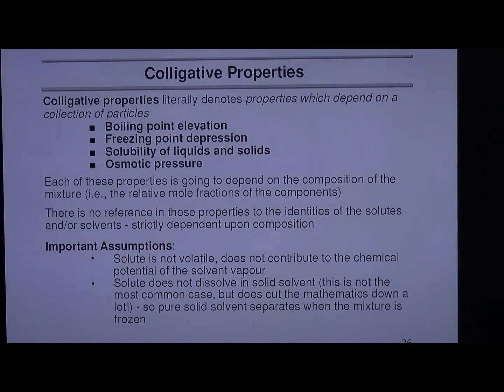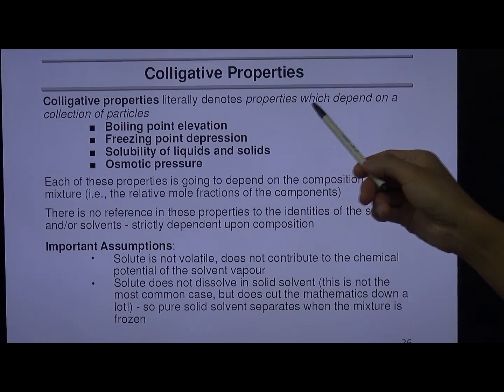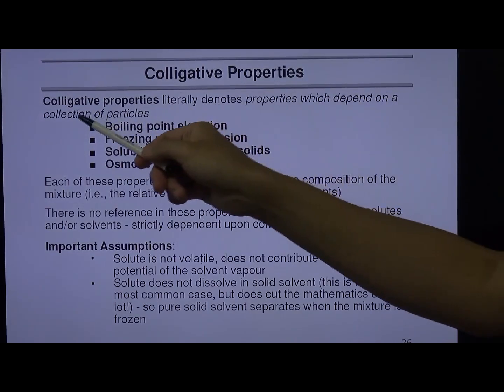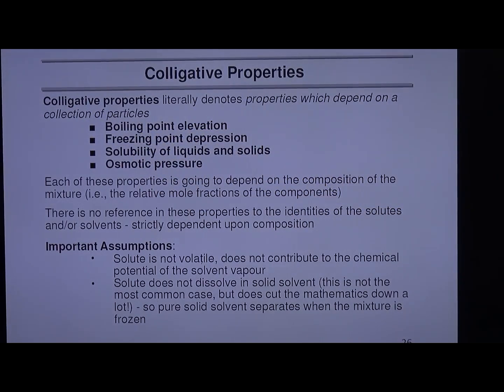Okay, let's move on. Colligative properties. So colligative properties, the meaning is properties which depend only on the collection of particles, which means that colligative properties only depend on the number of moles of material, not the kinds.